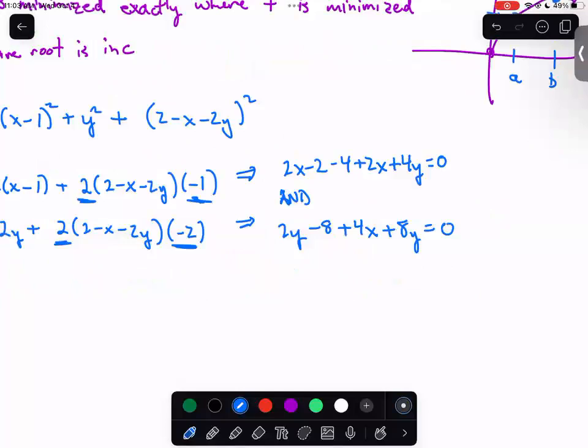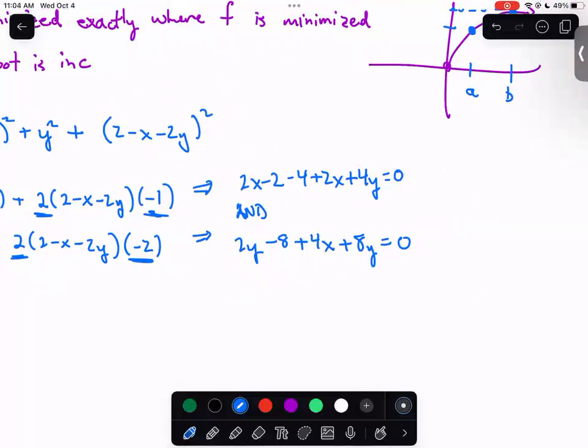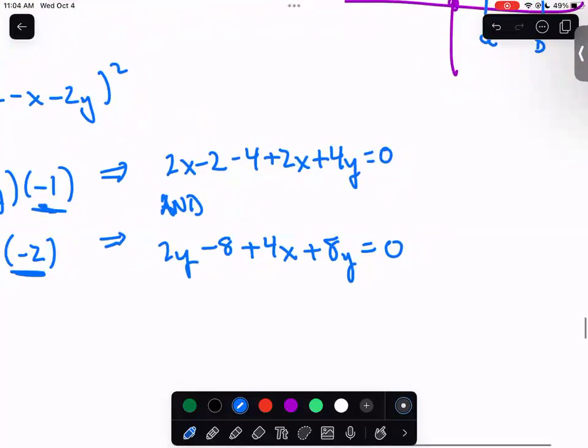All right. So we want to know when both of these are true. Nice system of equations. Let's simplify this a little bit more, and then maybe we can substitute one into the other. So I have 2x and 2x, so this is going to be 4x. I also have plus 4y. And then I'm going to take my constants to the other side. So I have negative 2 and negative 4, that would be negative 6. So on the other side, adding 6 to both sides.